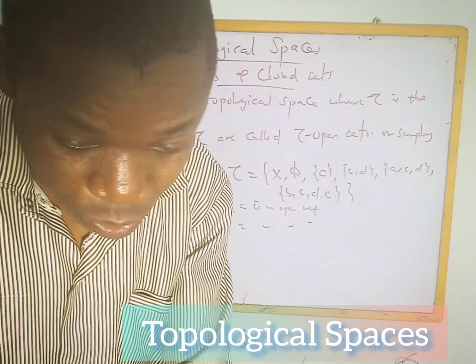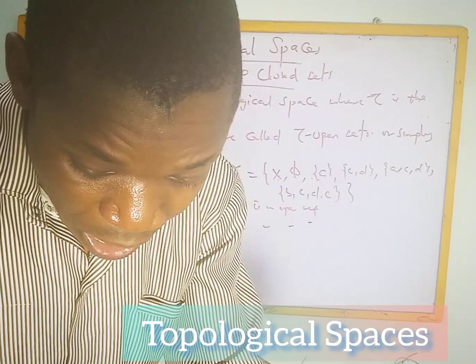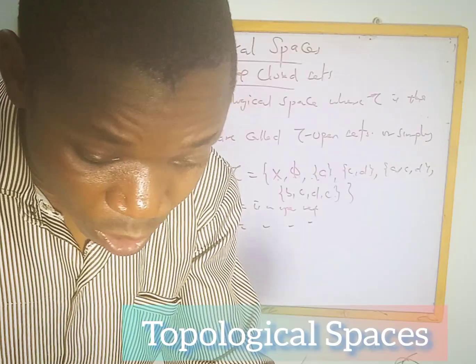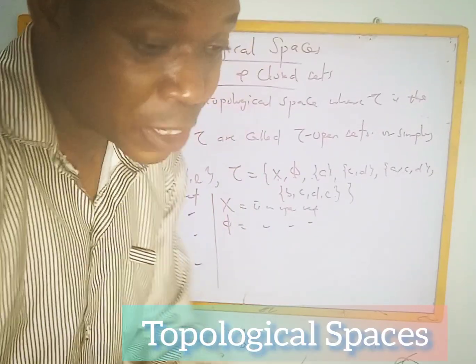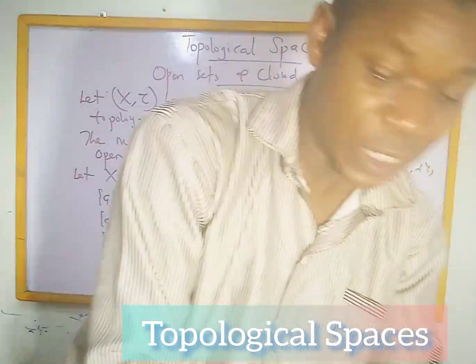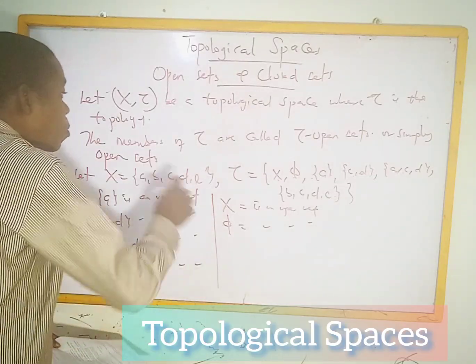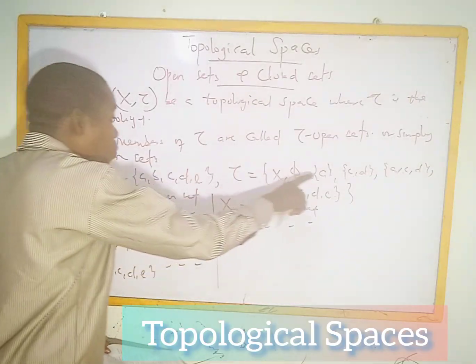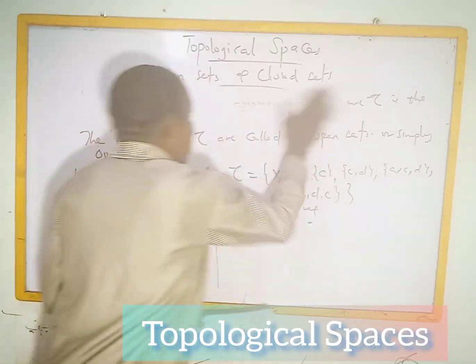There's something called a discrete topology. But before I go to that, there's something called a closed set, before I move on to some other classes of topology. You know that each member of this topology is an open set.